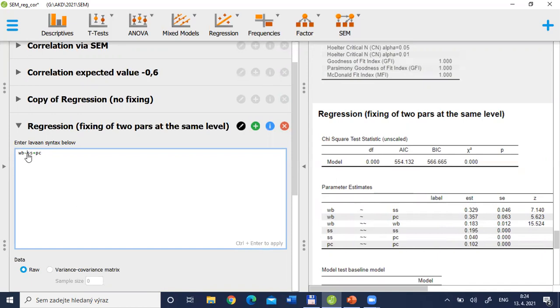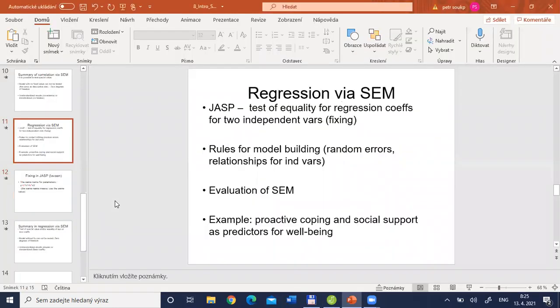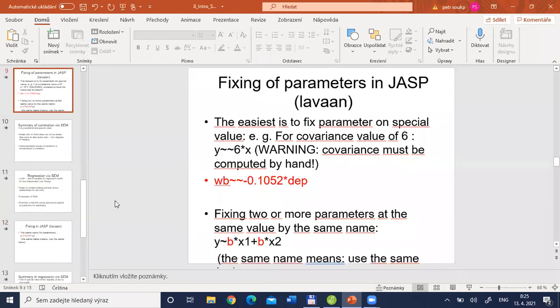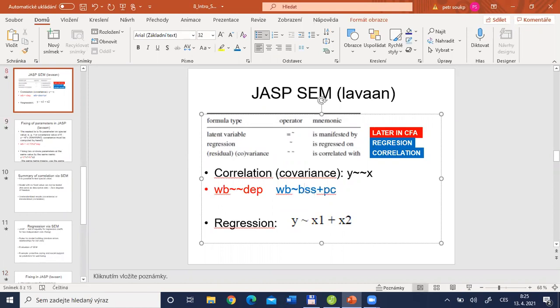So before social support and before proactive coping, I need to type the same symbol. The easiest symbol is letter B, as we have it here. So I would only change it here for this equation. So here I would type B multiplied by PC and social support together.